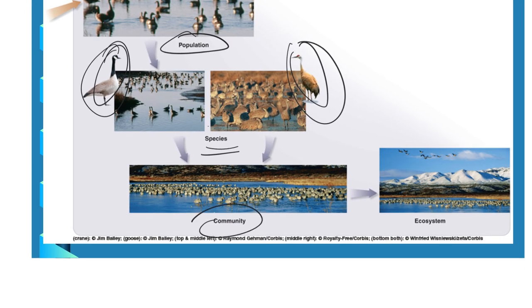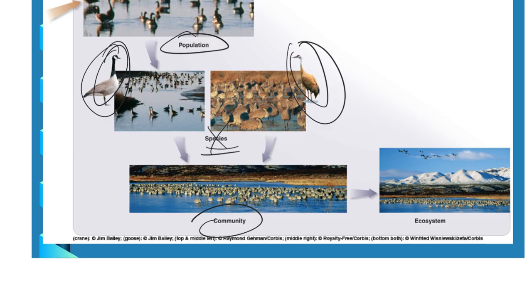Okay, so species is a type that can interbreed. So one population is one species of organisms. Okay, so all the different populations or species are what we call a community.